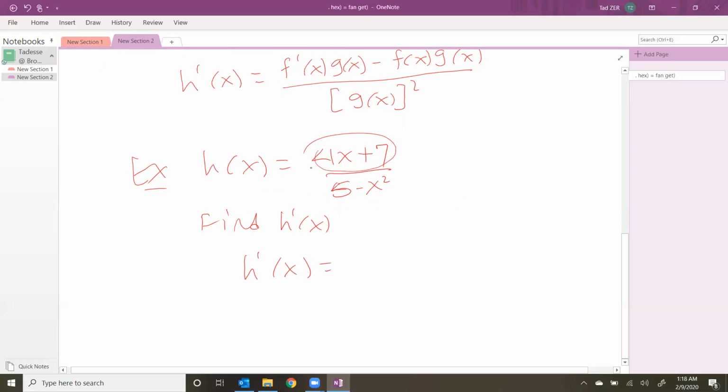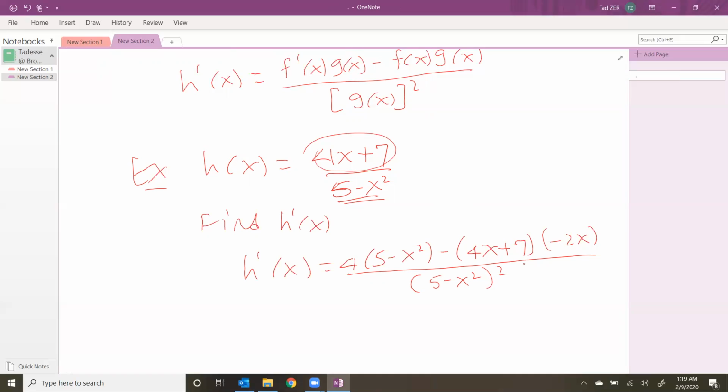What is the derivative of 4x plus 7? 4, right? Times 5 minus x squared, minus the numerator 4x plus 7 times the derivative of the denominator, which is negative 2x. Now you need to divide everything by 5 minus x squared, the whole square. That will be the derivative of the quotient 4x plus 7 over 5 minus x squared.